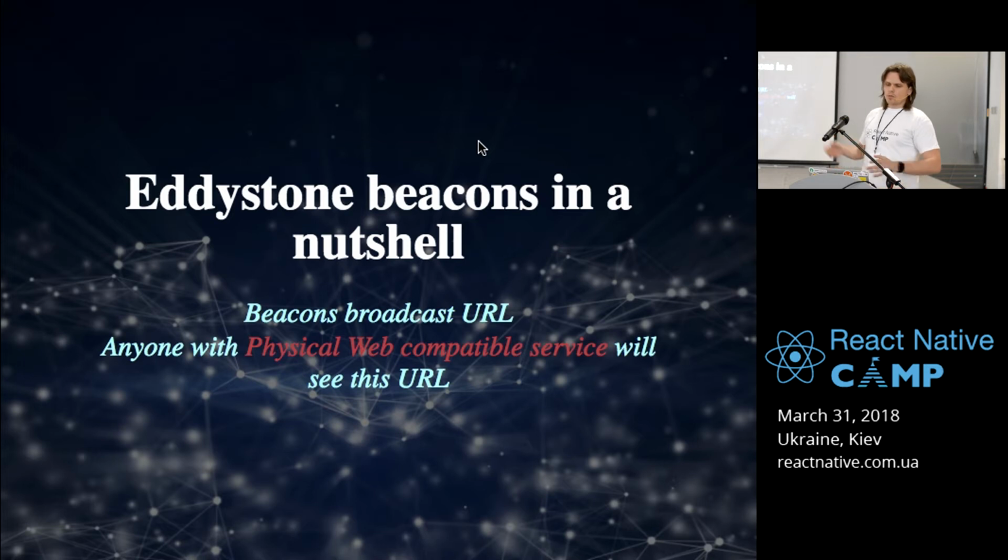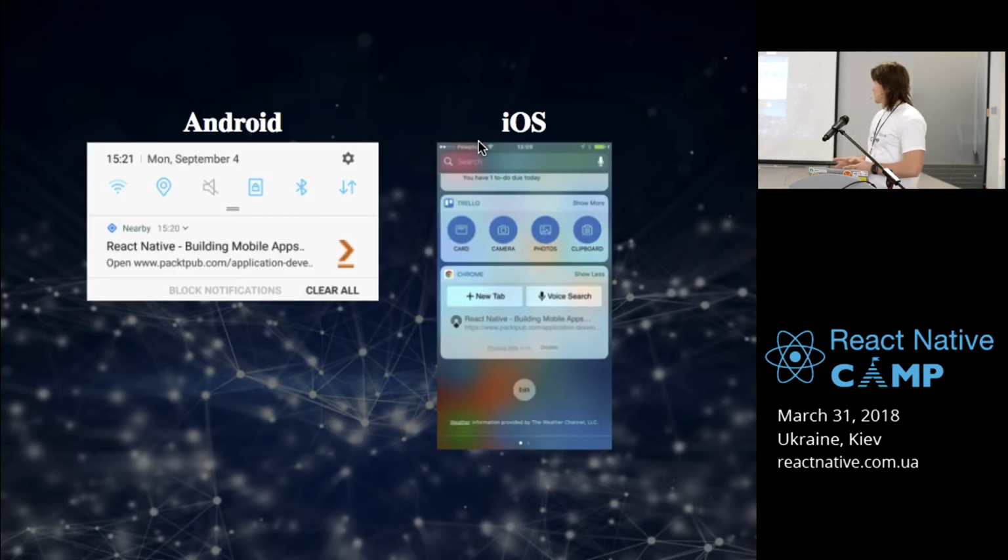So, as I said, we can broadcast a URL, and anyone with Physical Web, which is a standard by Google, a compatible service, will see this URL. For iPhone it's one way, for Android it's another way. It looks like this. On Android, if you have the Nearby API enabled, which can be enabled through settings, or if you have the Nearby app installed on your phone, you will see this URL, which is, by the way, the title of my book.